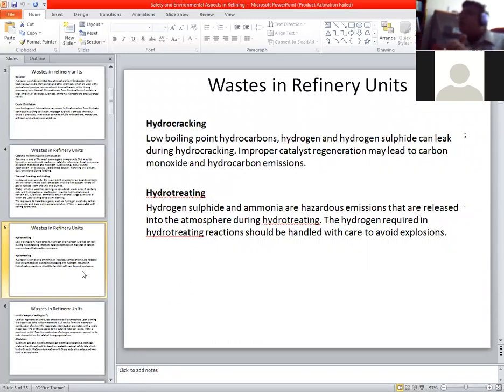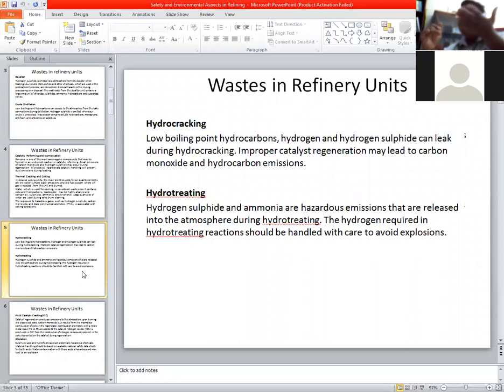Air pollution can be not only hydrogen sulfide, SOx or NOx. In addition, because in hydrocarbon there are a lot of volatile organic compounds. Normally it is called VOC, volatile organic compounds. So these volatile organic compounds, meaning they have a very low boiling point temperature.